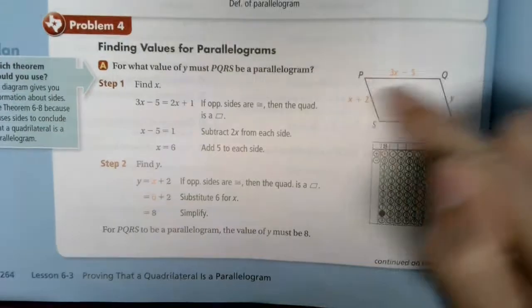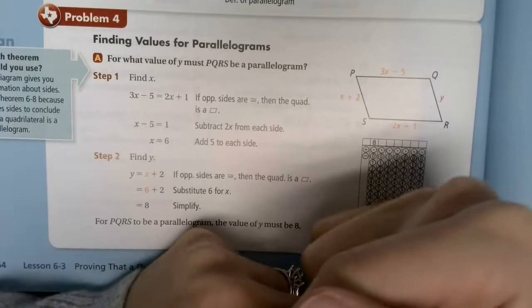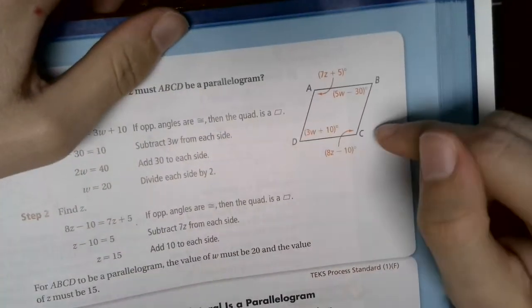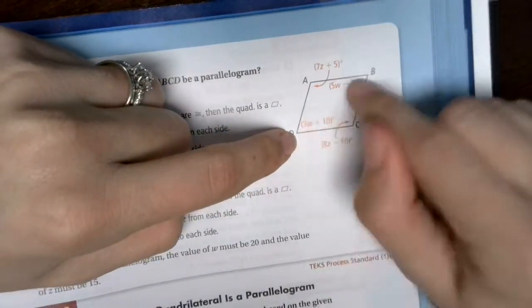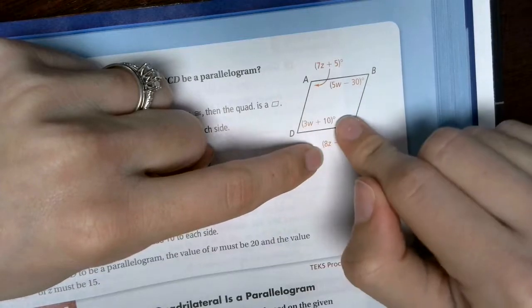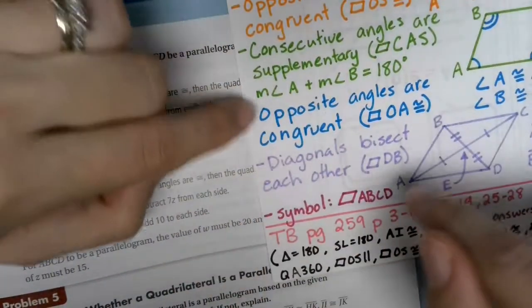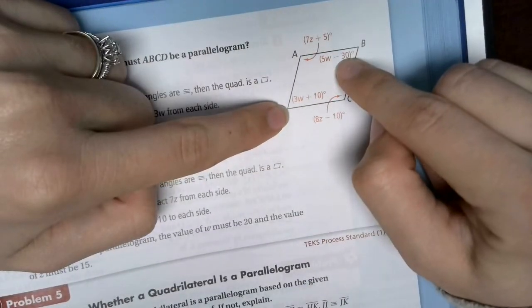You don't really have to do a systems of equations like we had to do in 6-2 or 6-3. And the last problem, you can solve these one of 2 ways. Right here, it looks like the ones with the common letter, so W's are opposite and Z's are opposite. So I could set these, remember, opposite angles are congruent. So I can set 3W plus 10 equal to 5W minus 30.